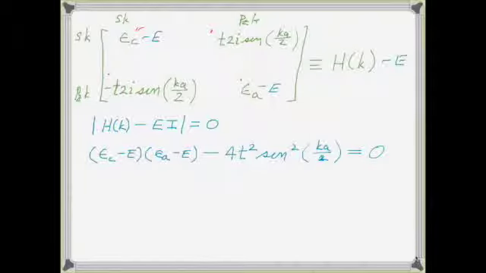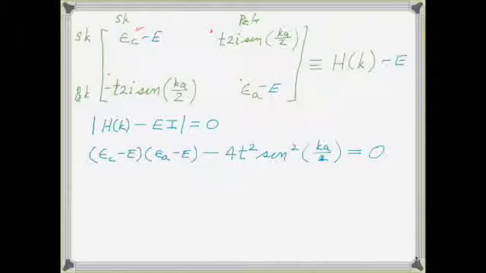You set that equal to 0 and solve for E. The only difference from your homework is that for the off-diagonal you just had t squared.